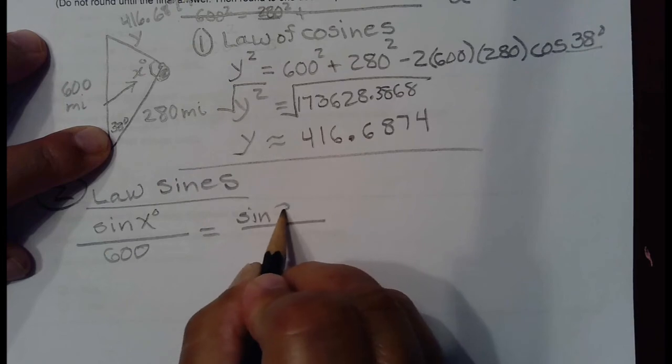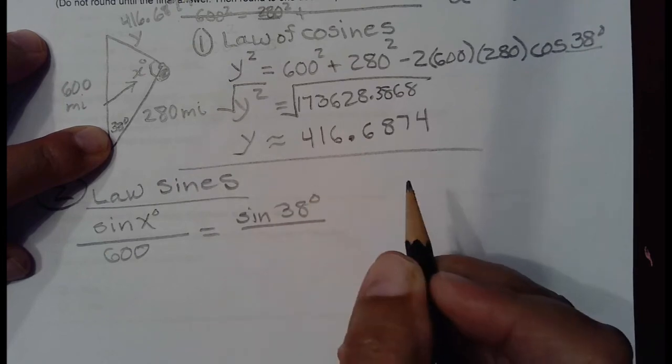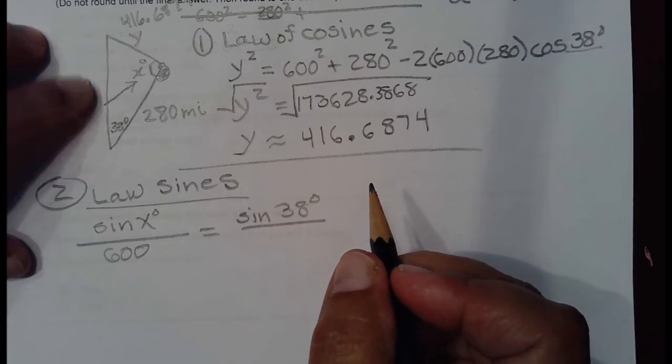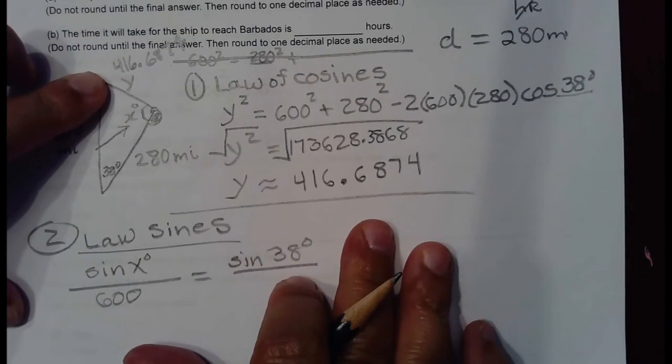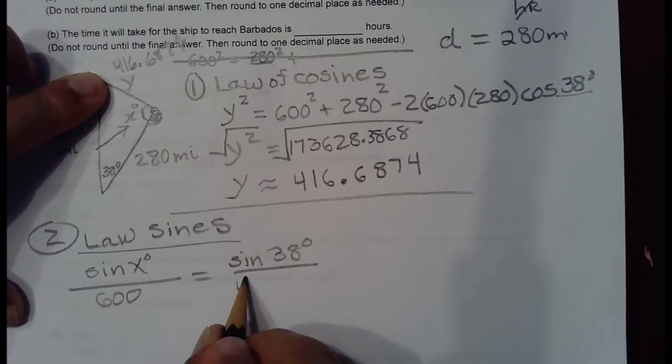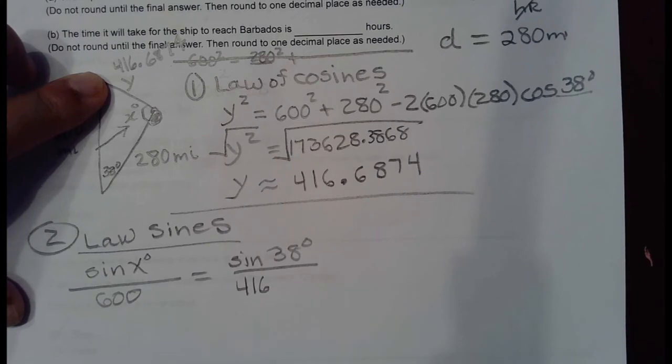Okay, cross multiply, swing that 600 right up here so that it's no longer here, and you will then have sine of some unknown angle is equal to the decimal that we're going to get right now.